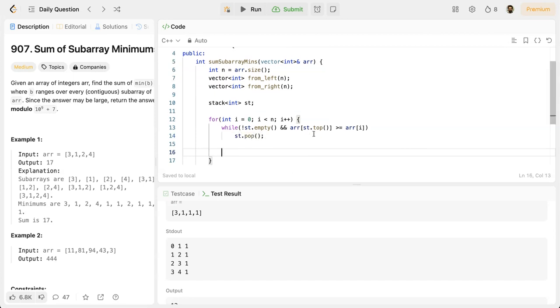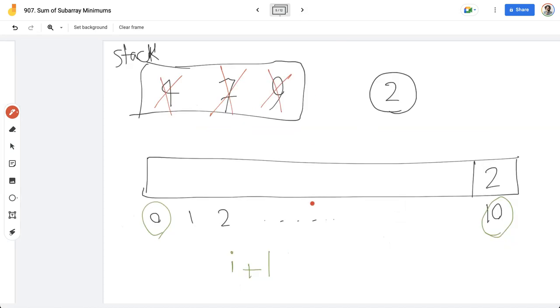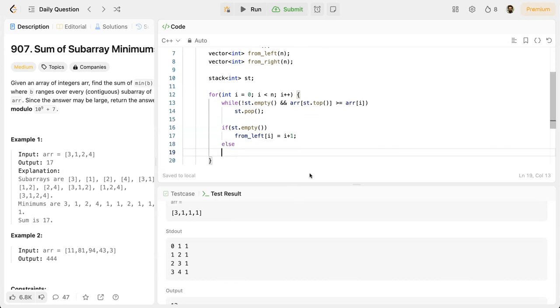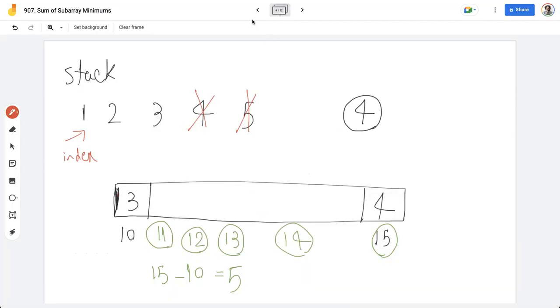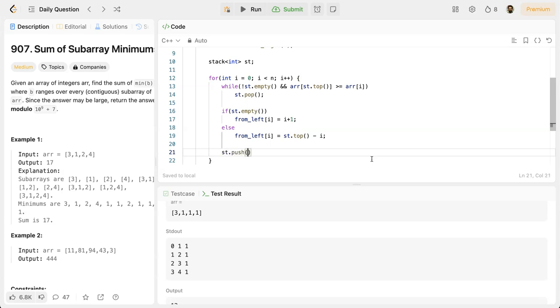And here we are going to say from left of i is going to become, so if the stack is empty, from left of i becomes i plus 1. Remember this one? i plus 1. And otherwise, from left of i becomes st.top minus i. Then we add st.push i.